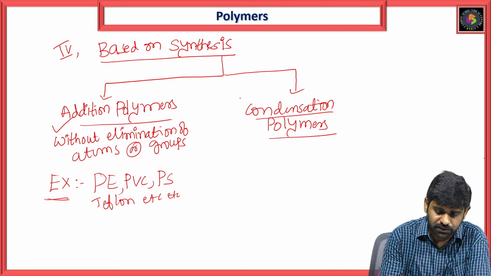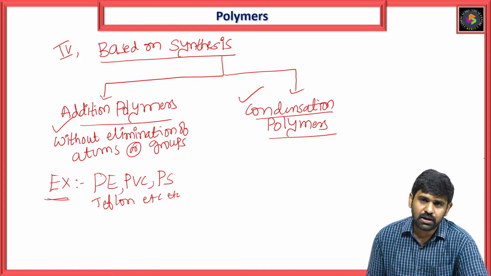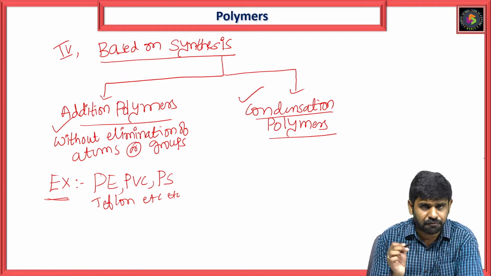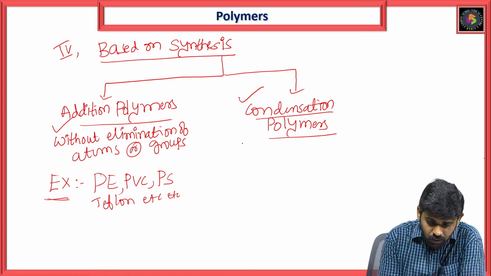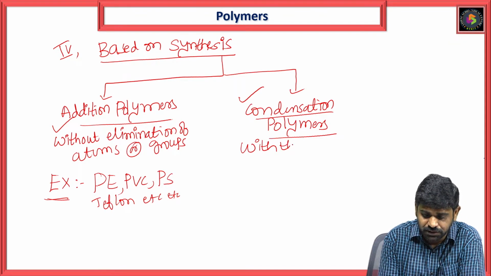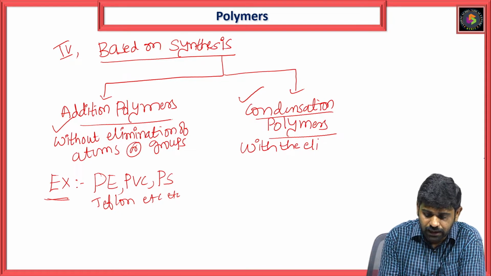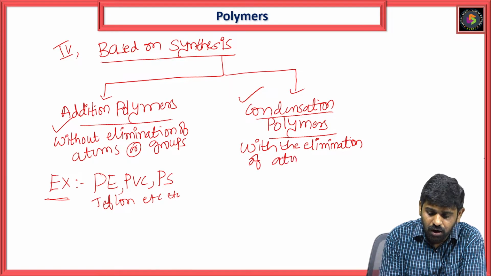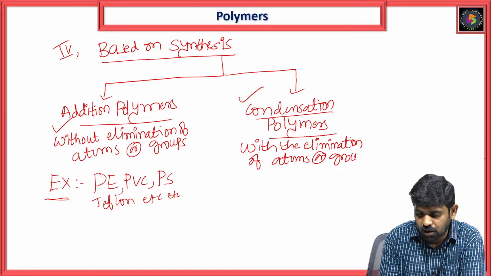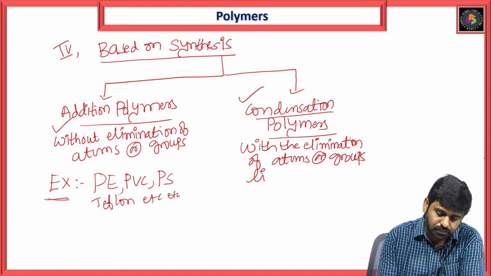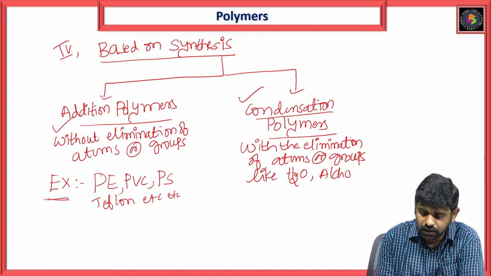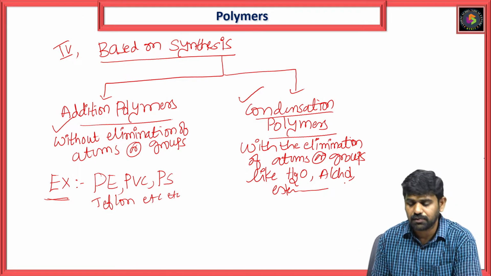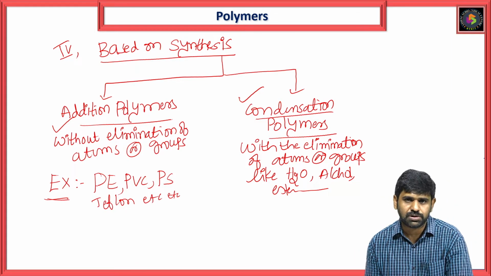Next, coming to condensation polymers. Condensation polymers are formed by the polymerization of monomers with the elimination of atoms or groups, like water, alcohol, ester, etc., right?